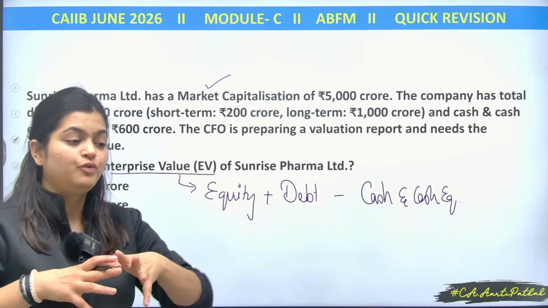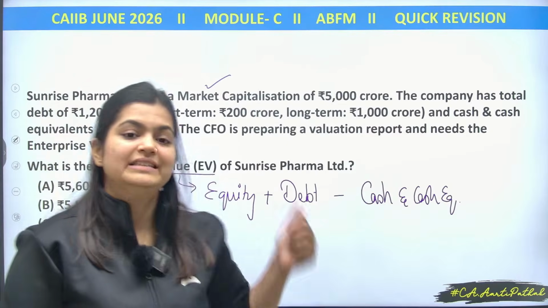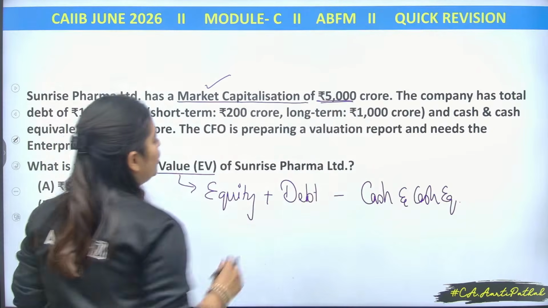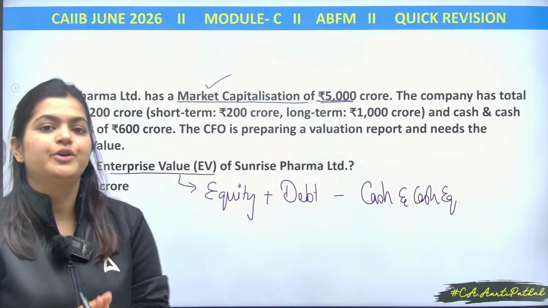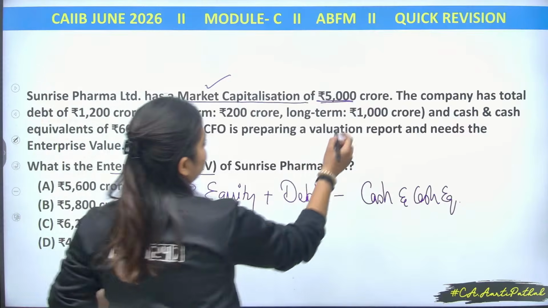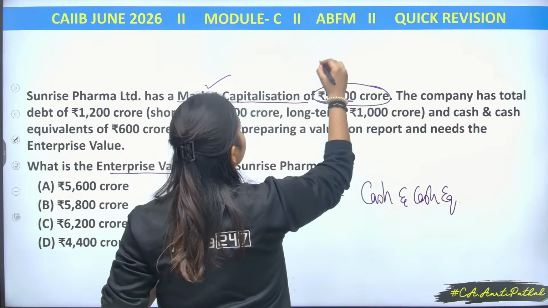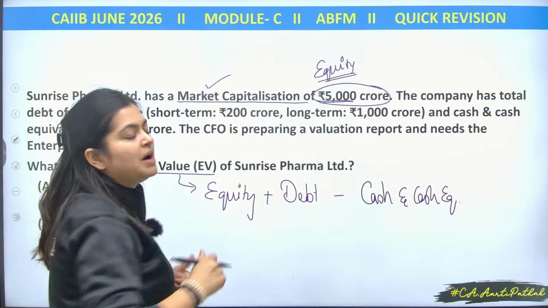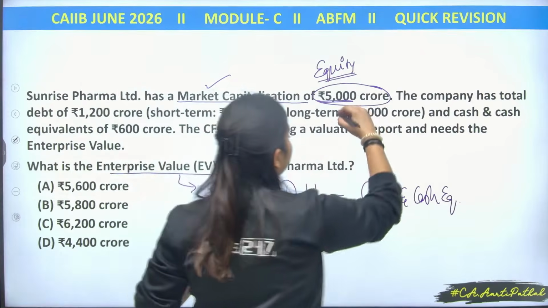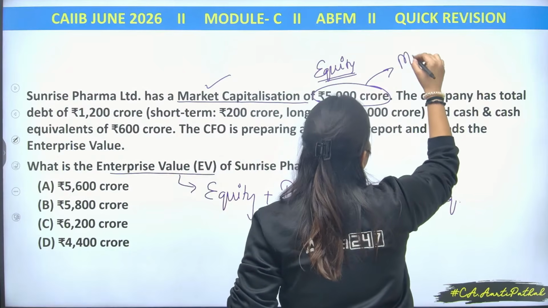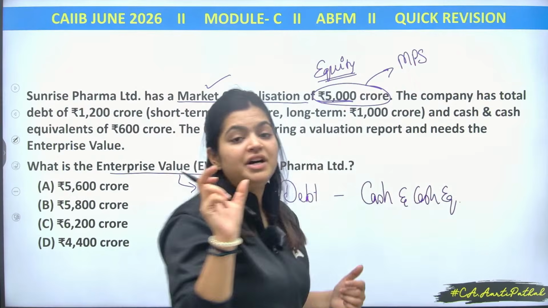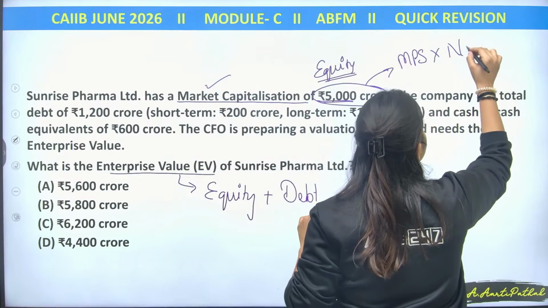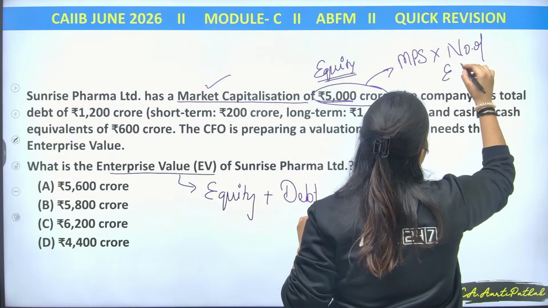Enterprise value means the total value of your company. If you're saying market capitalization is your total value, then you are wrong, because market capitalization talks about your equity part. How do we get this market capitalization? We get this market capitalization with market price per share of your company into total number of equity shares.